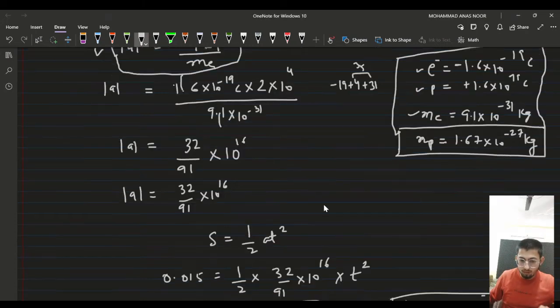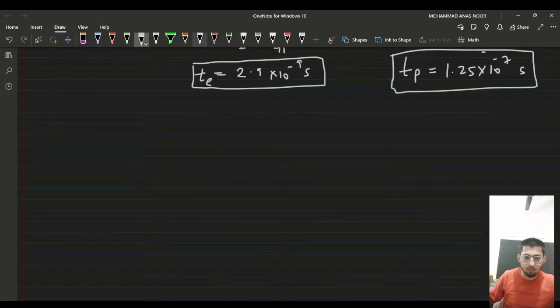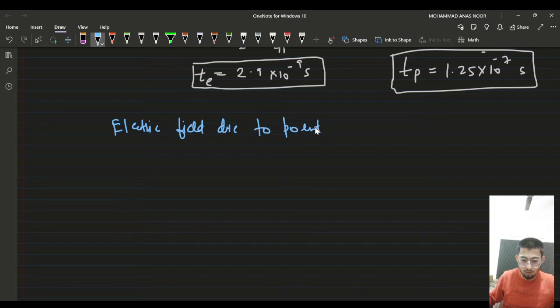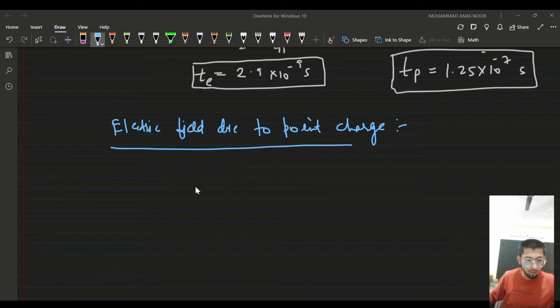So let me tell you one thing before doing another question. Electric field due to a point charge.